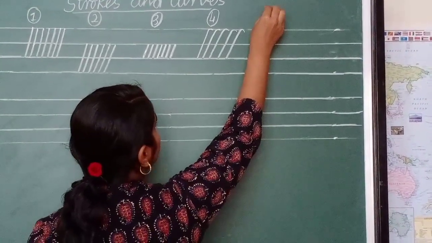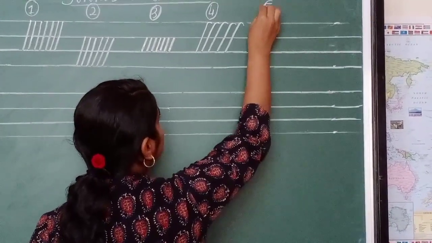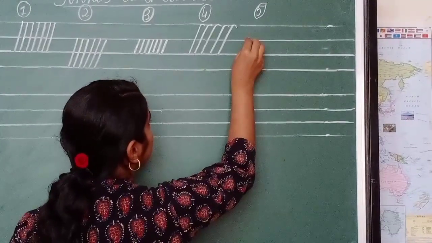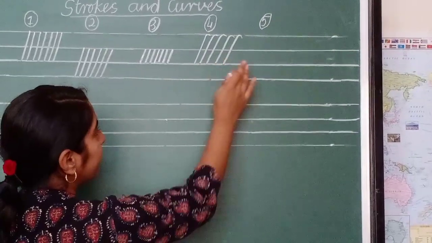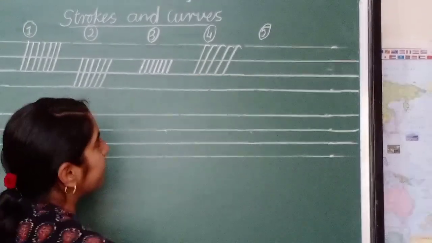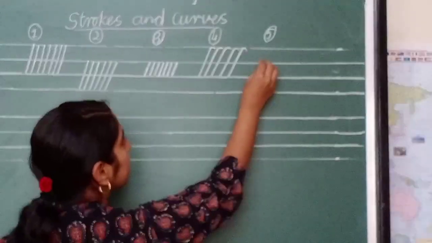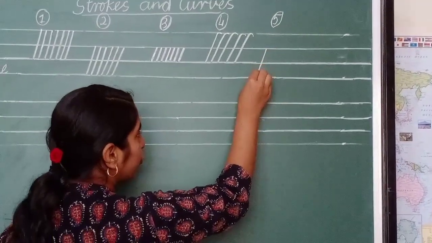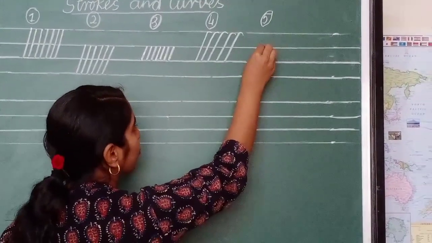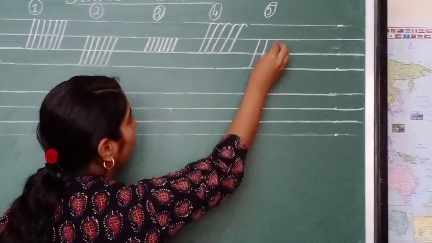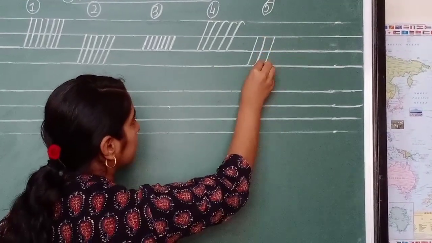Fifth stroke. See, the fifth stroke is opposite to the fourth stroke. You should not call it a J. It is a stroke only. You have to call it a stroke.